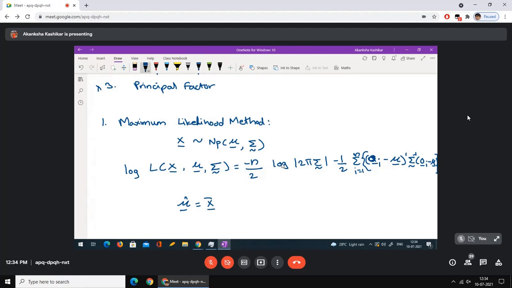And what we'll do is substitute sigma as QQ prime plus psi. So sigma hat will be Q hat Q hat prime plus psi hat. Now Q and psi are entering into my likelihood through sigma. Is it okay? Then you try to maximize this likelihood with respect to the elements of Q and the elements of psi, and you will get some estimates.